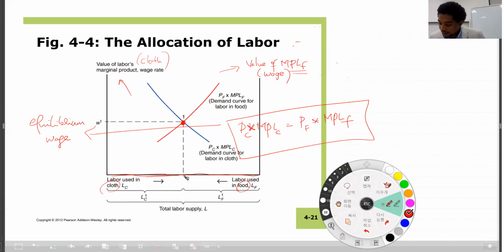So this is the equilibrium wage where both the price of clothes times the marginal product of clothes is equal to the price of food times the marginal product of food. Okay, let's continue. So this is the total supply of labor we have.